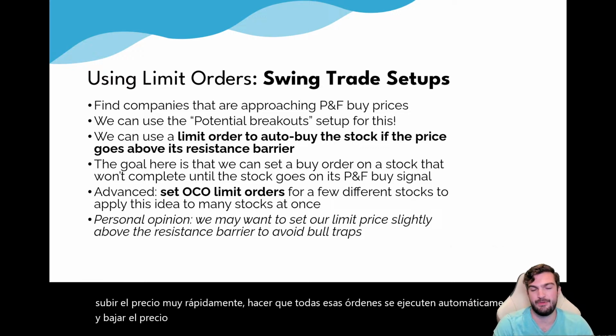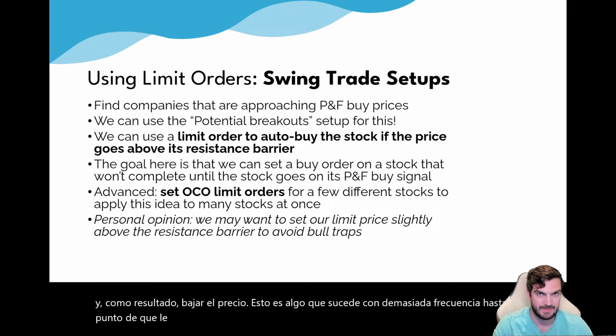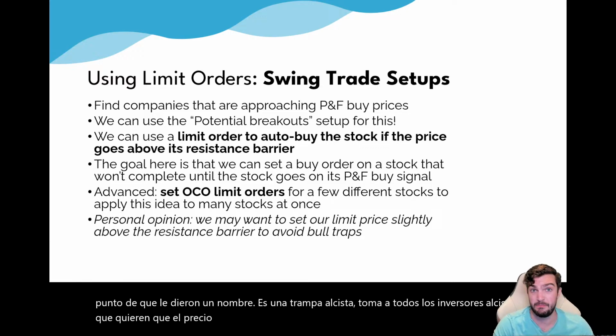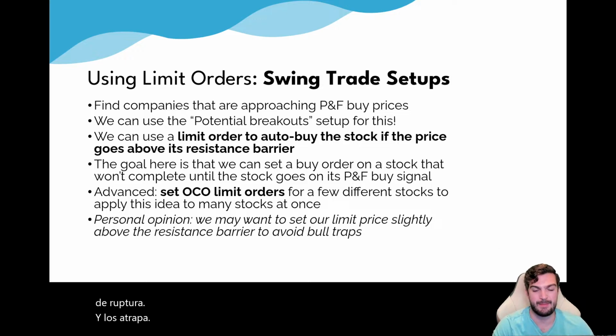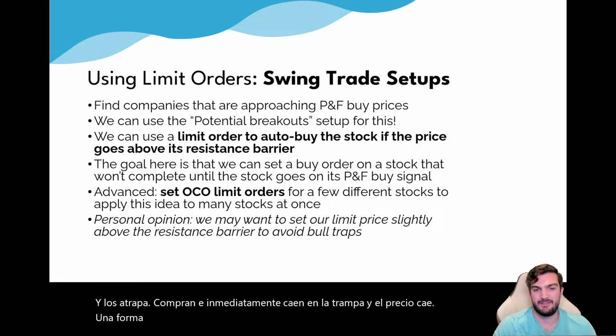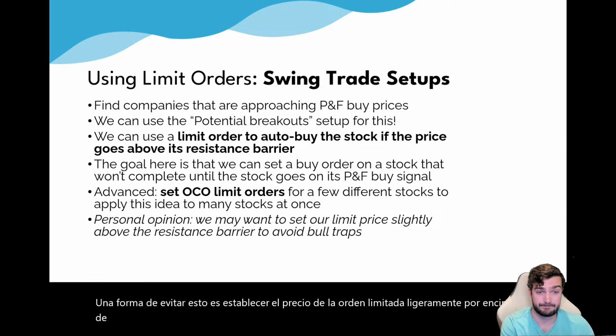This is something that happens all too common, to the point where they gave it a name. It's a bull trap. Takes all of the bulls, investors that want the price to go up and are waiting for that breakout moment, and it traps them. They buy in and immediately get caught in the trap, and the price falls.